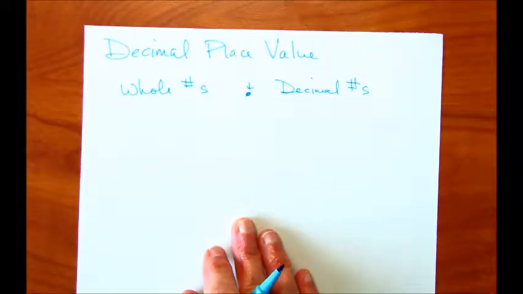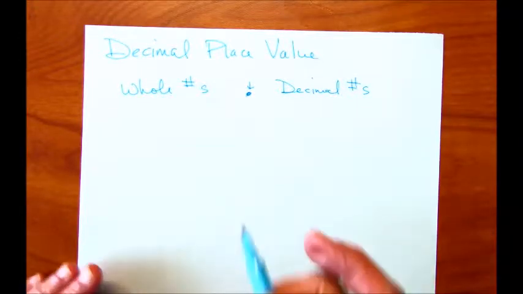I'm going to talk a little bit about decimal place value before we get into discussing operations with decimals. In the past, we talked about whole number place value, and we're going to continue to talk about place value, but mainly focusing on decimal numbers.